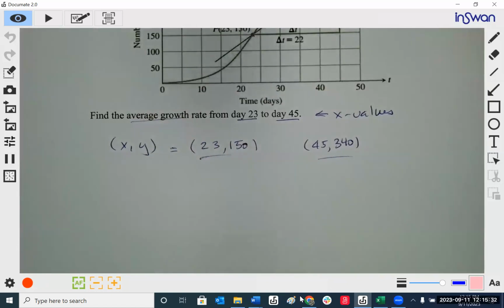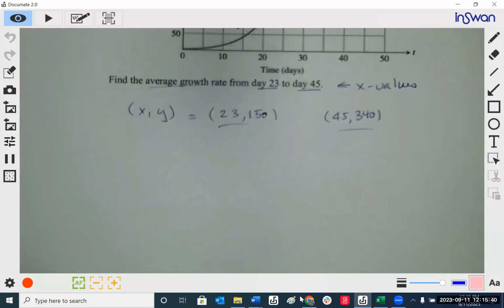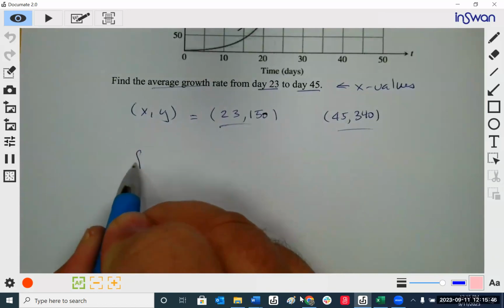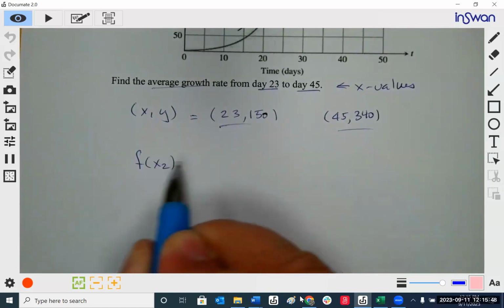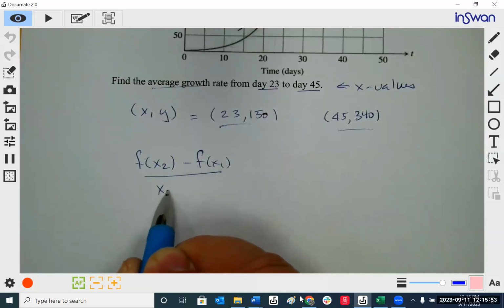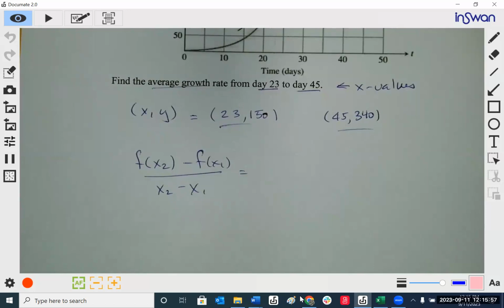The average growth rate is the same as the average speed. So what's the formula? That equals 8.6.